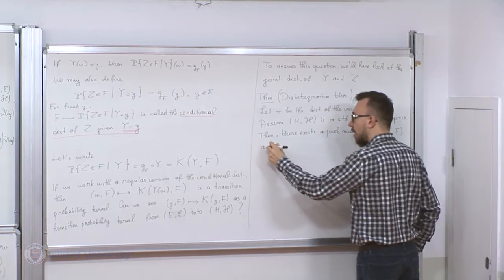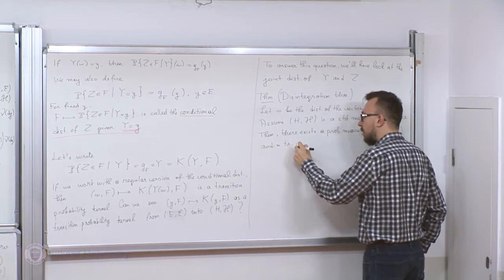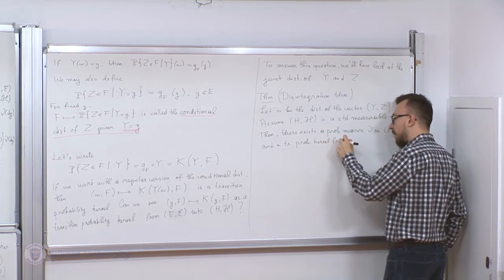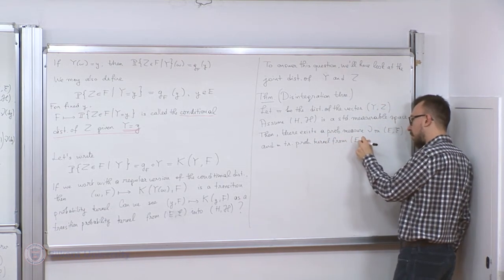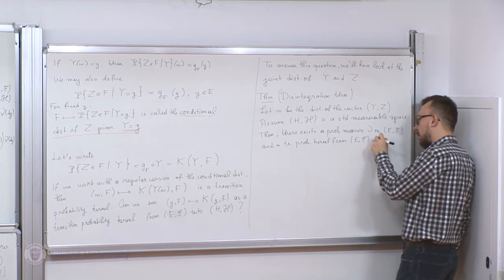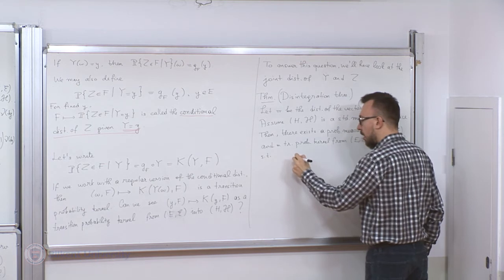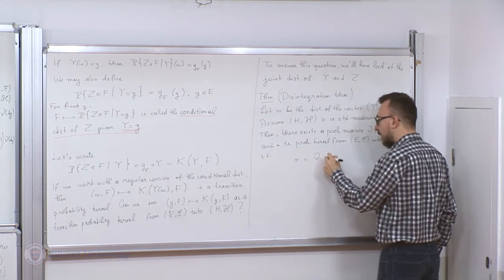and a transition probability kernel k from E to H such that pi is nu cross k.